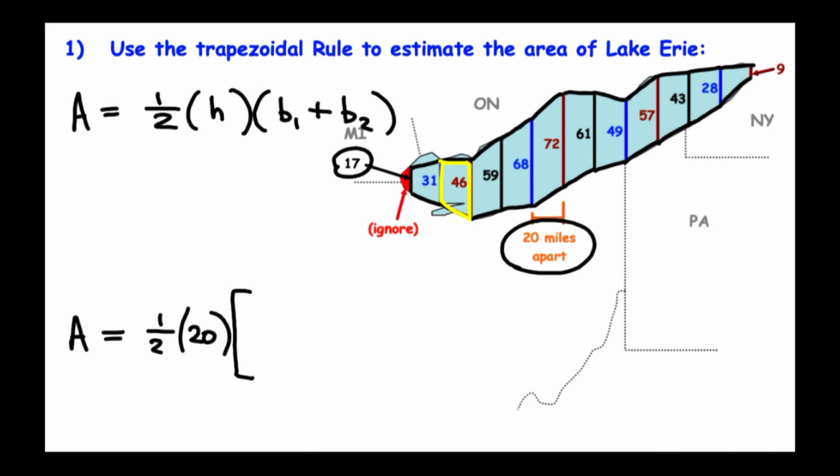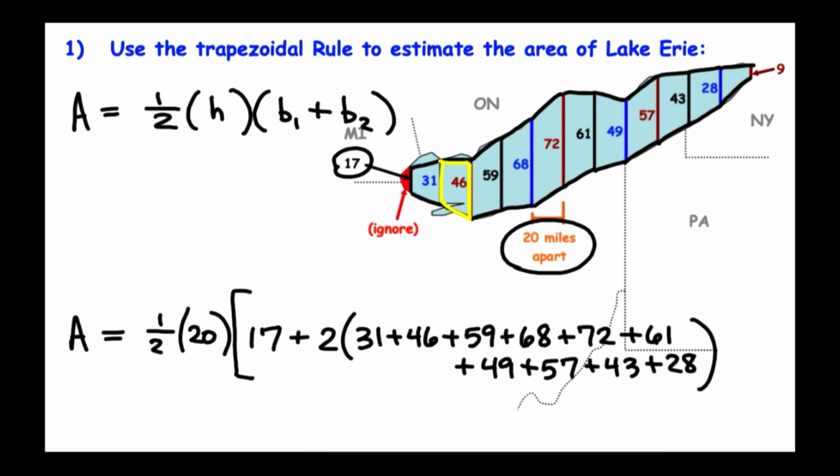This 17 is going to get used once. Everything else in the middle is going to get doubled. And then plus 9. The 9 is only going to get used once. If you put that into your calculator, you'll get the approximate area of Lake Erie, which will be 10,540 square miles.